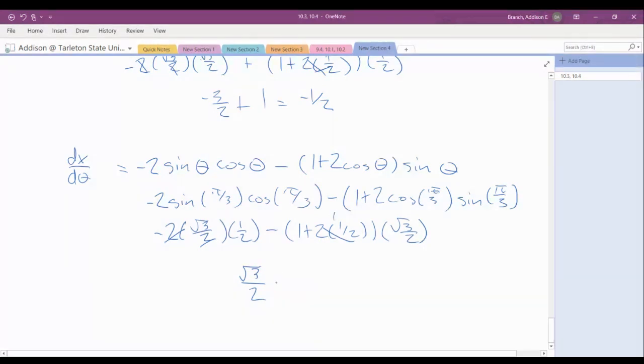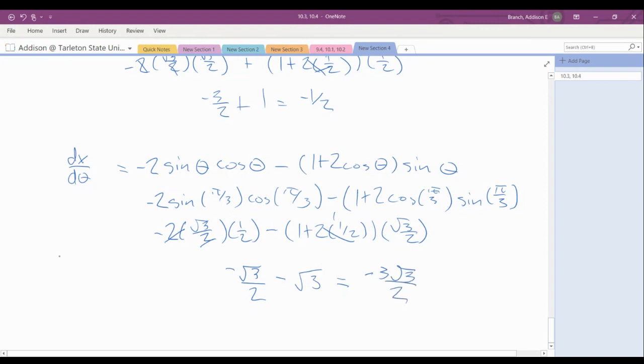So then we're going to get negative square root of 3 over 2 minus square root of 3. We can combine that, and we get negative 3 square root of 3 over 2.